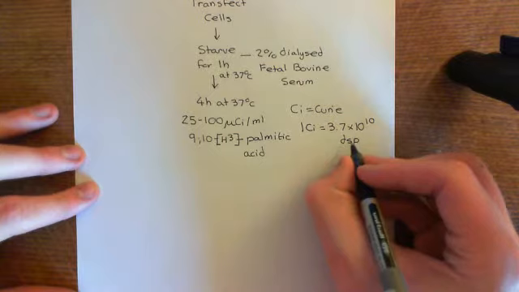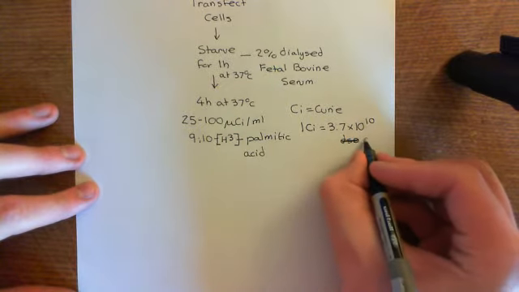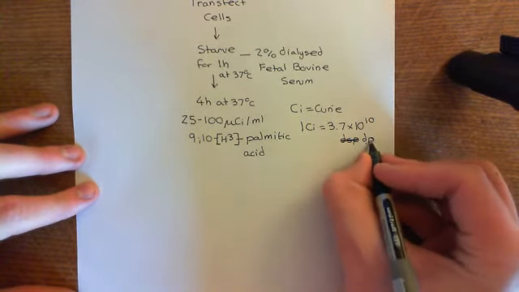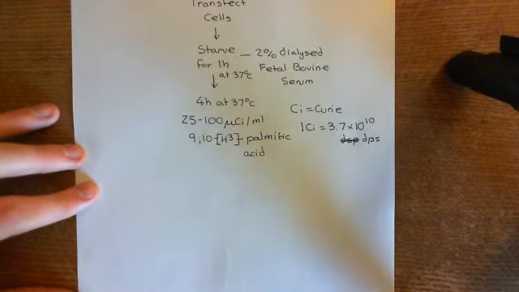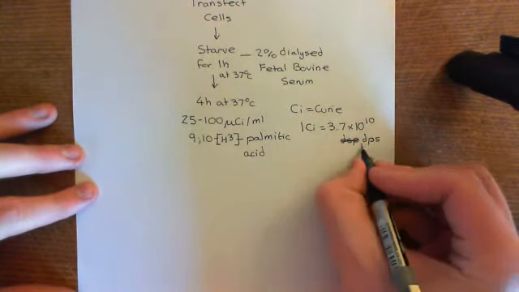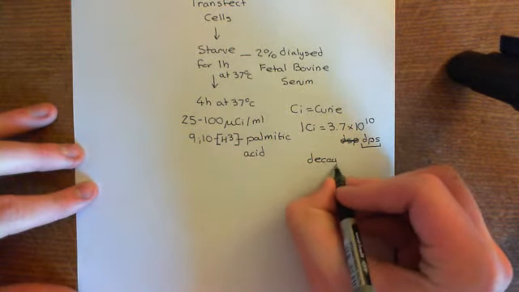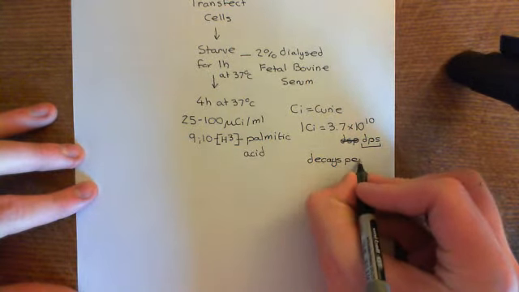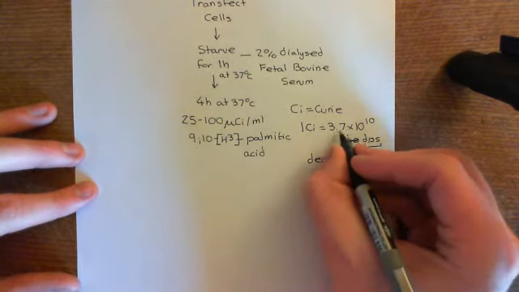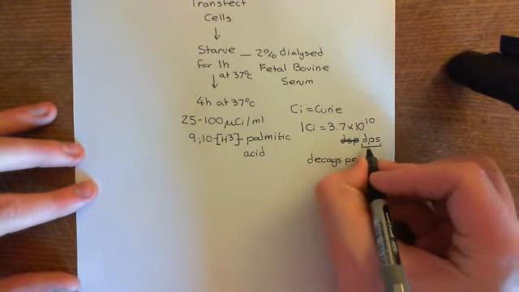DPS, disintegrations per second, or decays per second. So basically this is 37 billion decays per second.